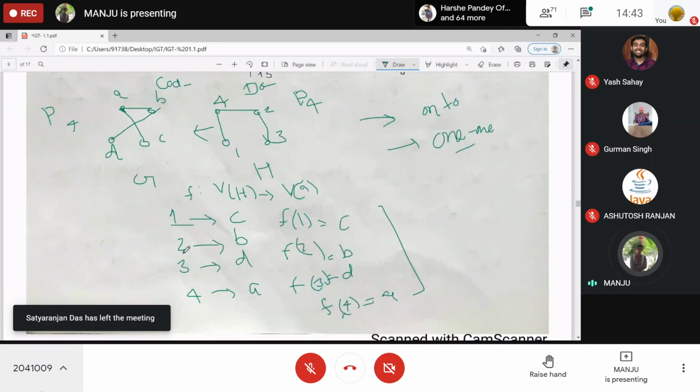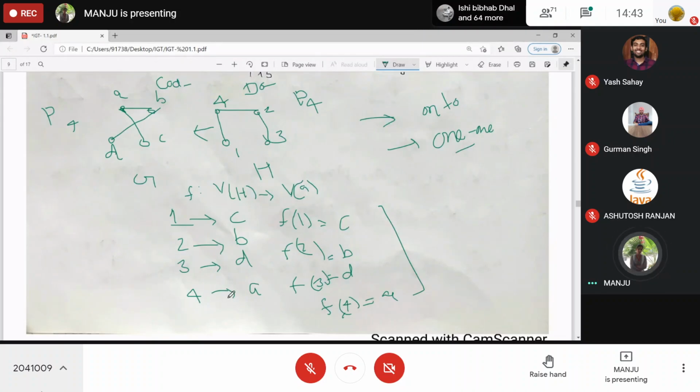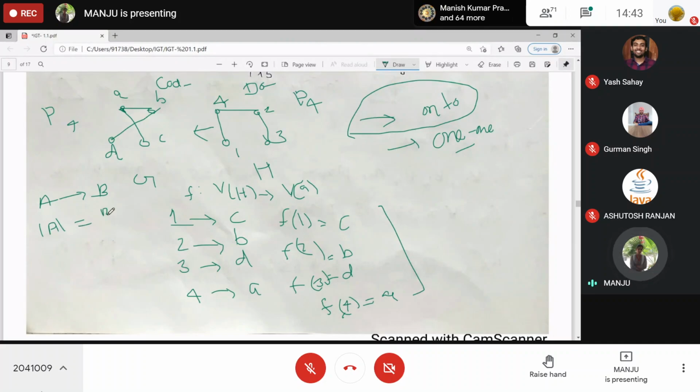So at the time of definition only, you have defined this as one-one, right? For onto you do not need to write the definition that all the elements from the codomain have a pre-image in the domain. You can easily analyze it from A to B. If you are defining a function that is one-one, with the condition that the number of elements in A is equal to the number of elements in B, that is, the cardinalities of A and B are the same, then that one-one function becomes onto.